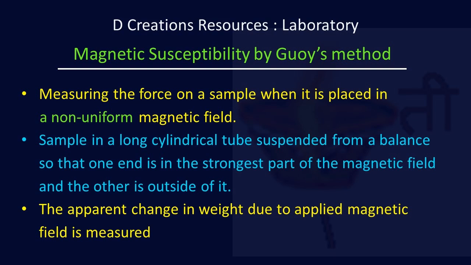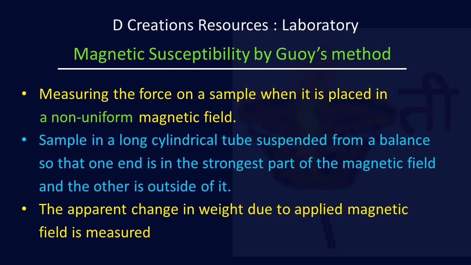It has to be suspended in such a way that the bottom of the sample tube is in the strong magnetic field while the top of the tube is in the region where the magnetic field is negligible, finally even becoming effectively zero.